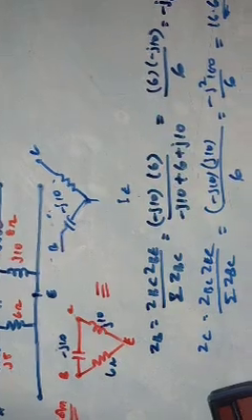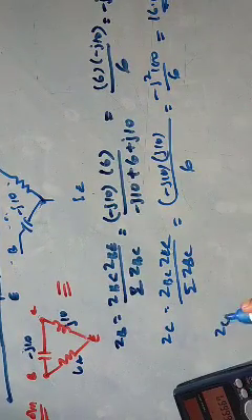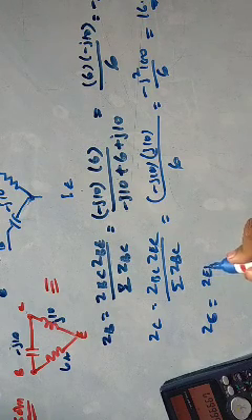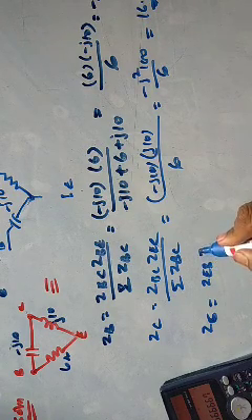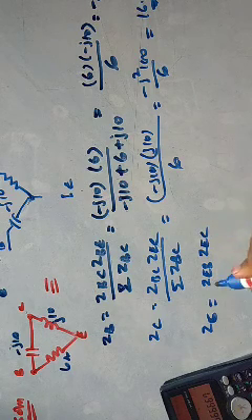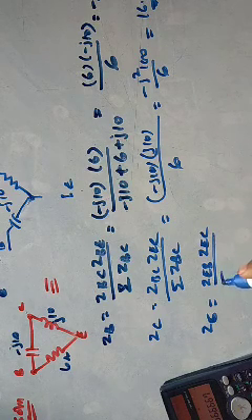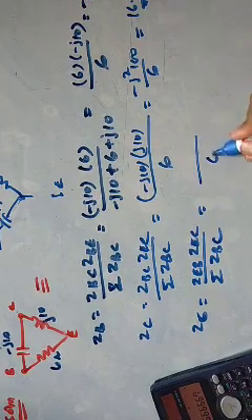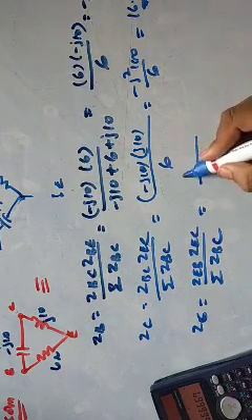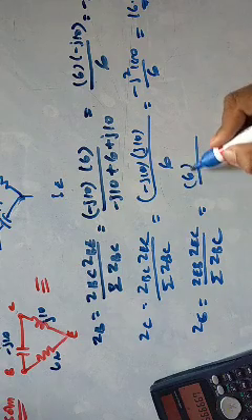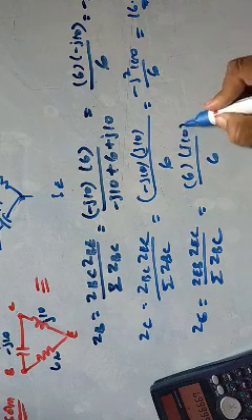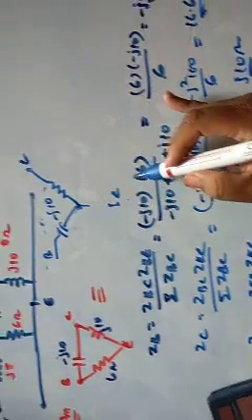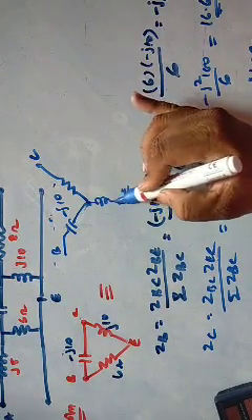And next, E. I'll write ZE is equal to ZEB into ZEC divided by the summation of ZBC, where the denominator is 6. ZEB is 6, and ZE is J10. Means this is inductance.